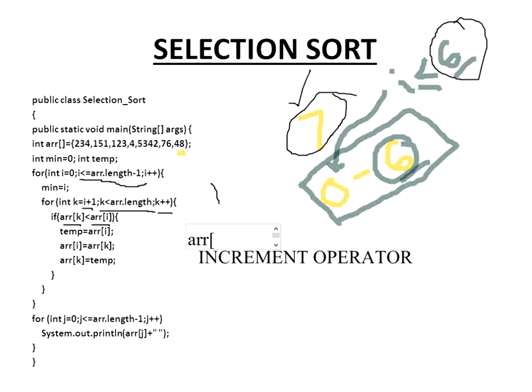ARR[k] means we are talking about ARR, and here we have 1 because the initial value of k is 1.